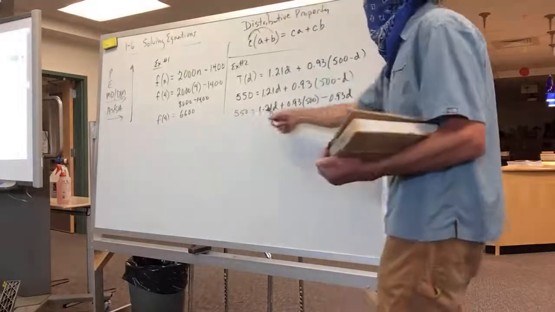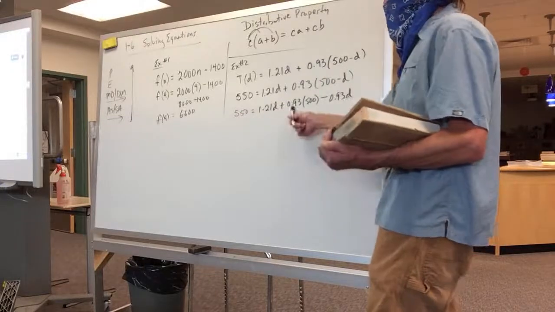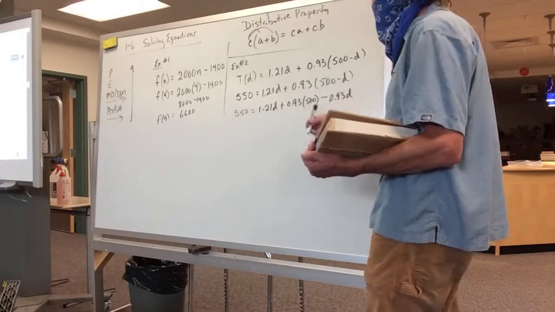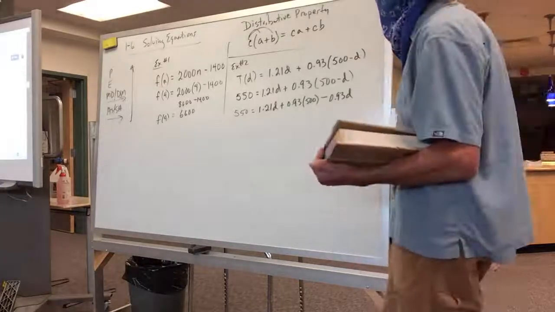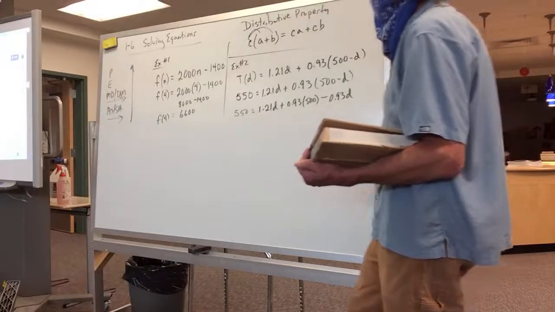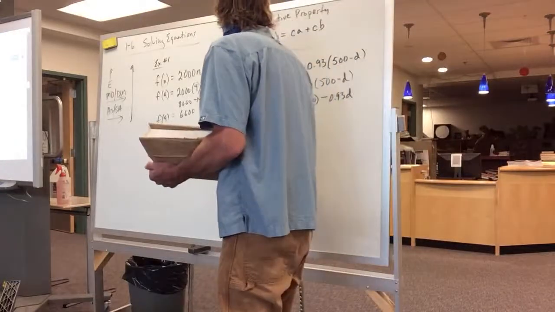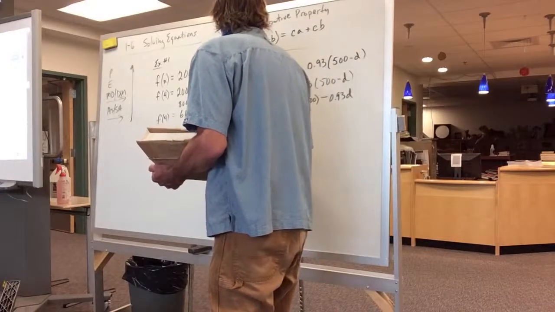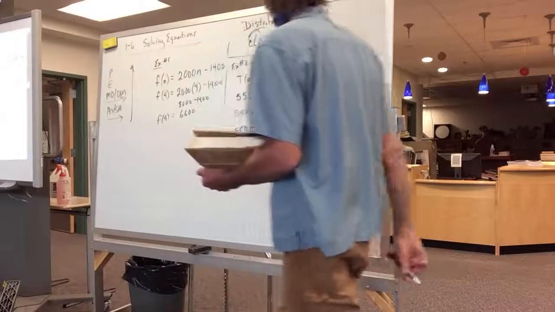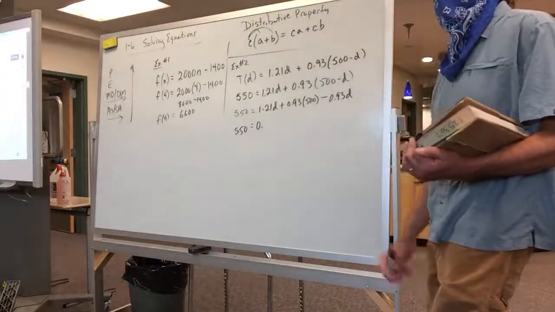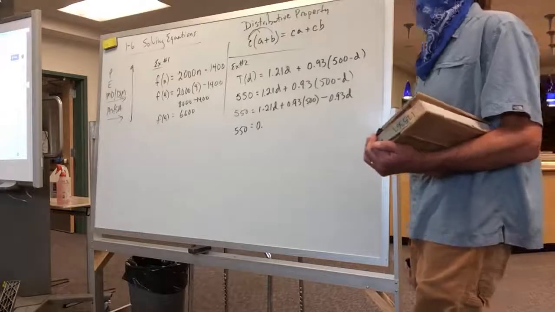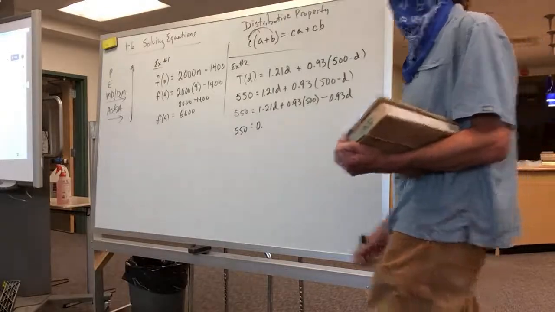Now we have like terms here and here. We have multiplication here. So 1.21 subtract 0.93 is going to be how much? What's 121 subtract 93? 28.